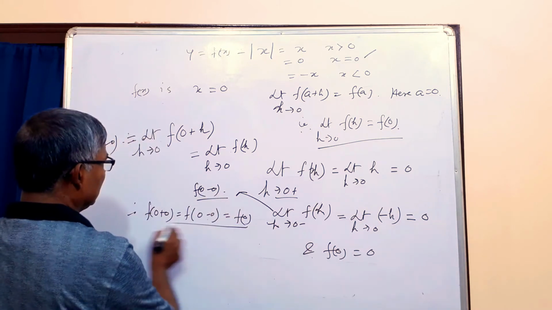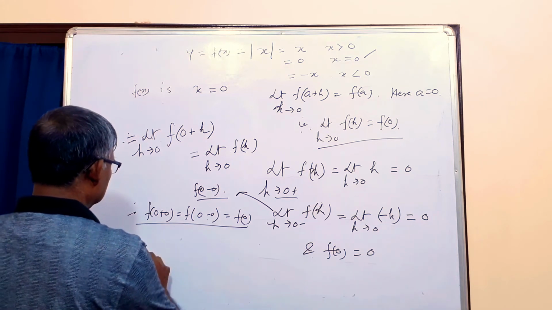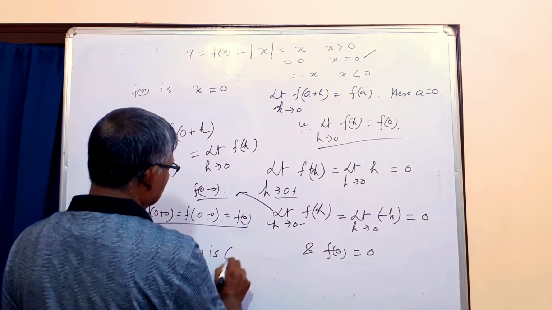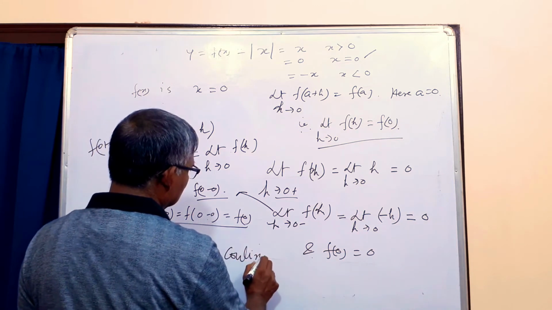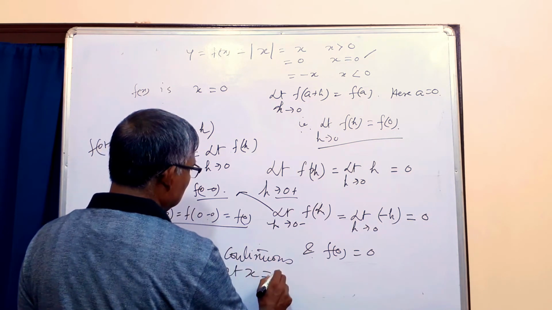So you see all three values are equal, hence f of x is continuous at x equal to 0.